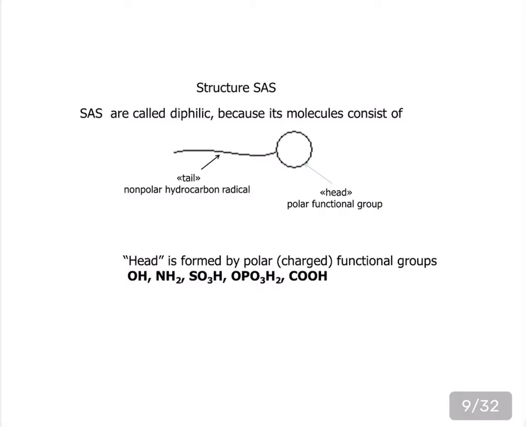Functional groups in organic compounds can form charge, partial or full. The head may be formed by the following groups: OH, NH2, sulfur group, carboxyl group, and phosphate group. All organic substances that include a nonpolar hydrocarbon radical and some functional group are surface active.